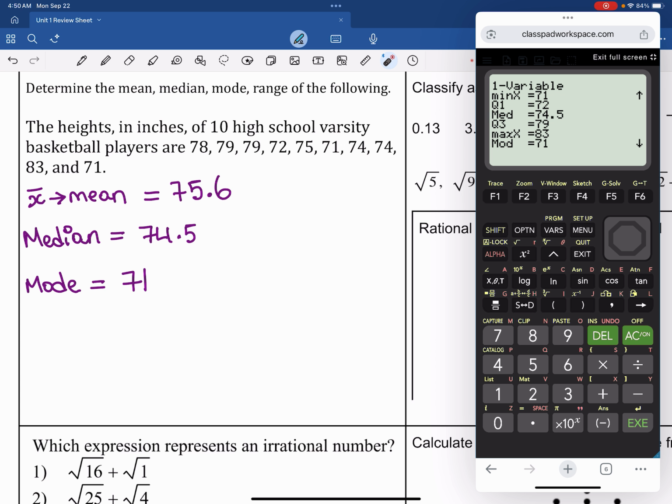Alright, cool. And then the last part is the range. Our calculator doesn't give us the range, but it gives us the max and the min. So we know that our range is the max minus the min, which is, from our calculator, 83 minus 71.